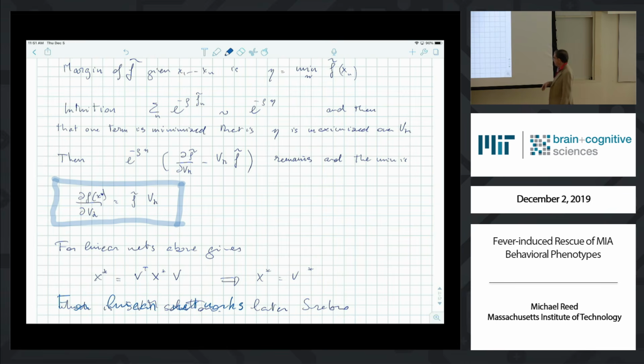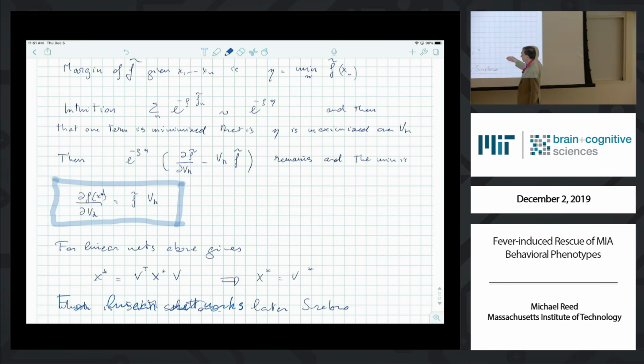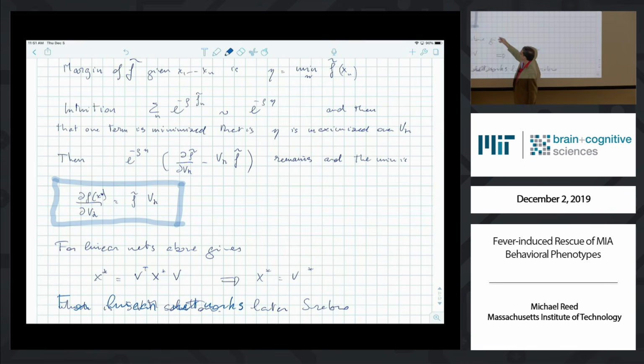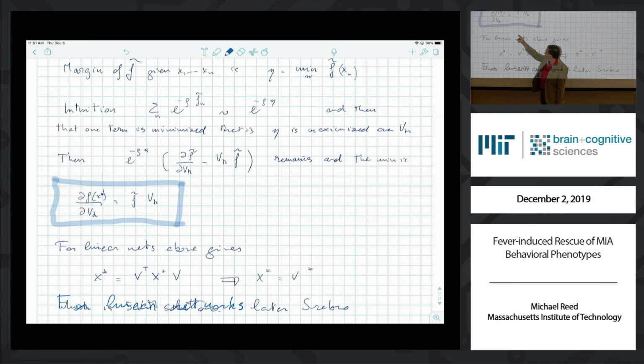This equation, just as an example, suppose I take f being linear. Then that equation tells me that if my function is a linear function, v transpose x, derivative in v, I have x, support vector, and then I have vtx v.